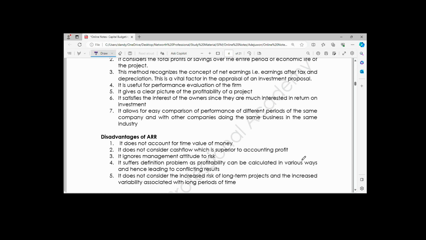So the accounting rate of return is a measure of profitability, and it uses accounting profit or loss. The accounting rate of return does not use cash flow. I repeat, accounting rate of return does not use cash flows. It uses accounting profit or loss, which means that if cash flows are given to you and you are asked to calculate accounting rate of return, you need to convert the cash flows to accounting profit or loss.